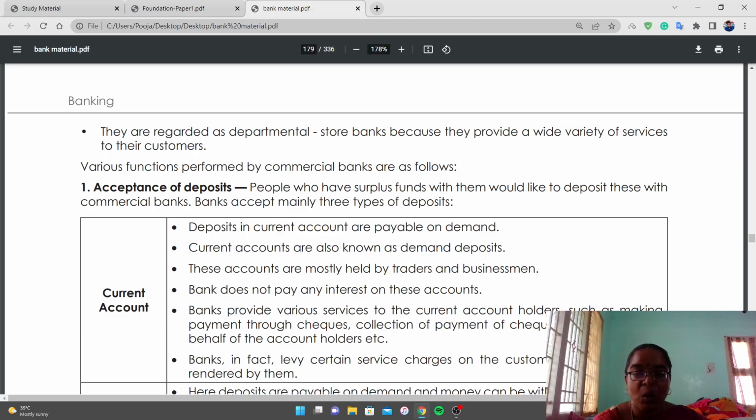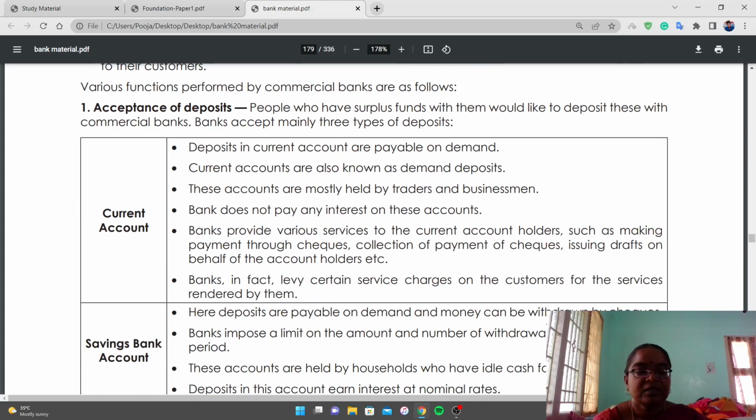Overdraft facility is allowed to the businessman. For example, the businessman is having rupees 10,000 in his current account. He is eligible to take above 10,000 from the account. The money taken above that is known as loan. So the current account holders have to pay interest for their extra withdrawals.